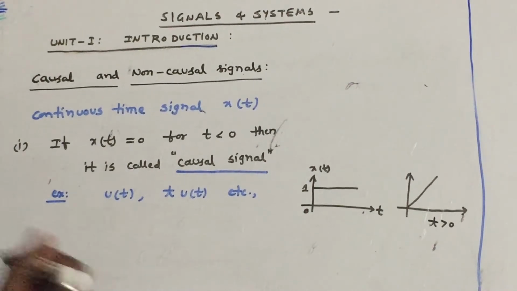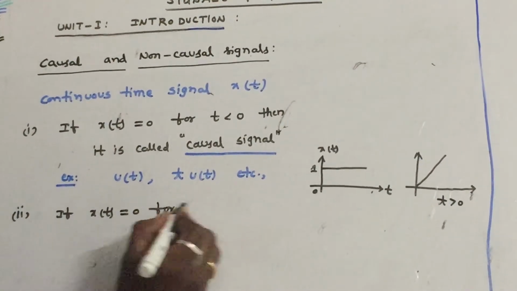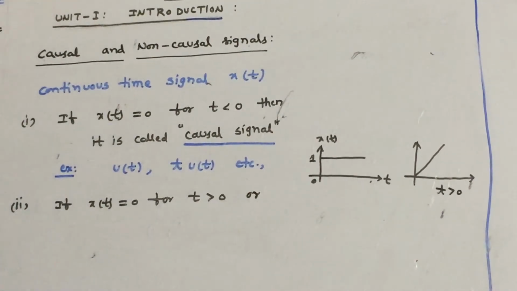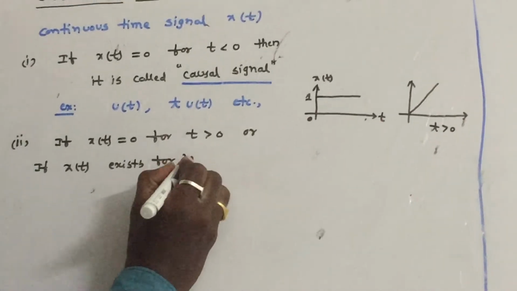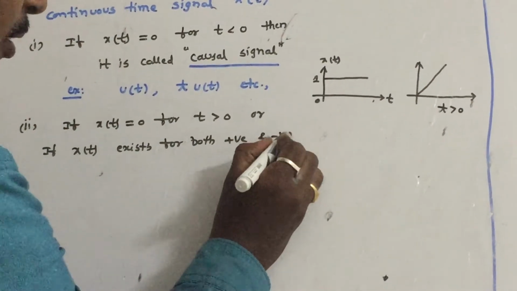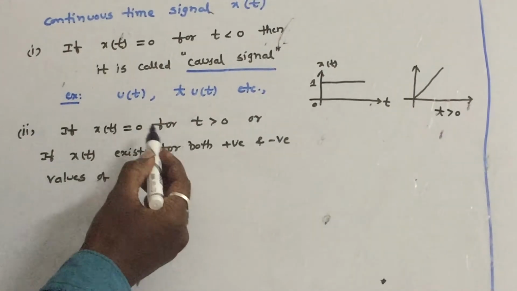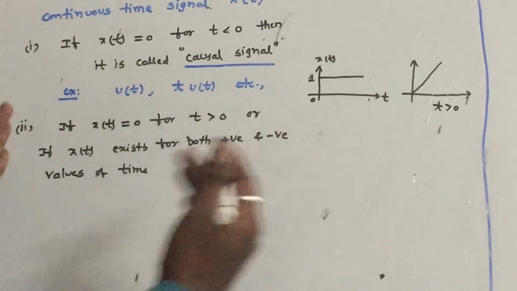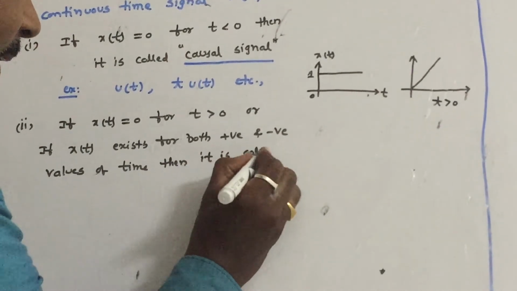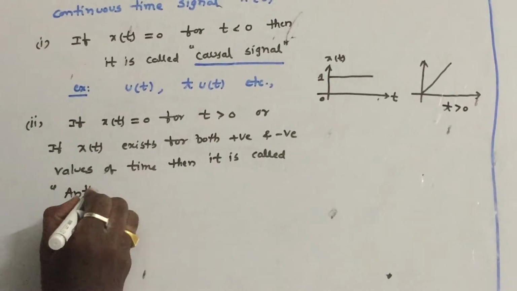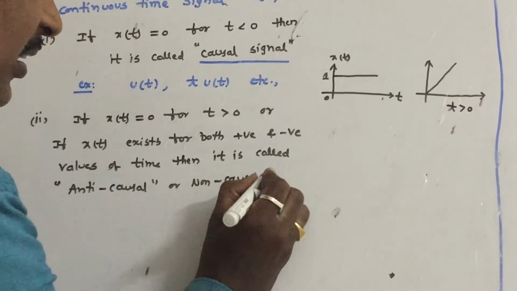So let us see the second one. If x of t is equal to 0 for t greater than 0, or if x of t exists for both positive and negative values of time, that means if x of t is equal to 0 for t greater than 0, or if x of t exists on both sides of the time scale, then it is called anti-causal or non-causal signal.